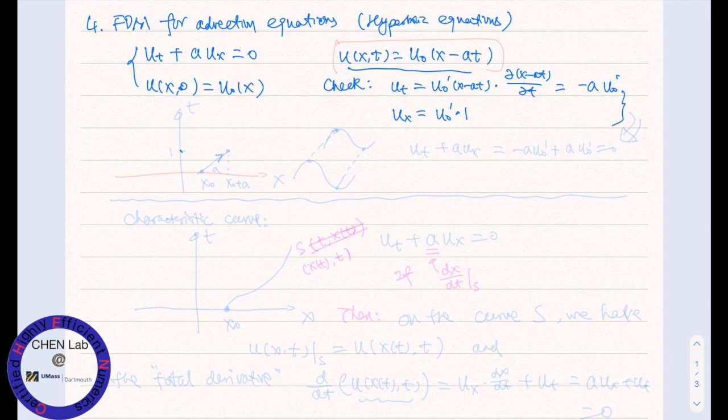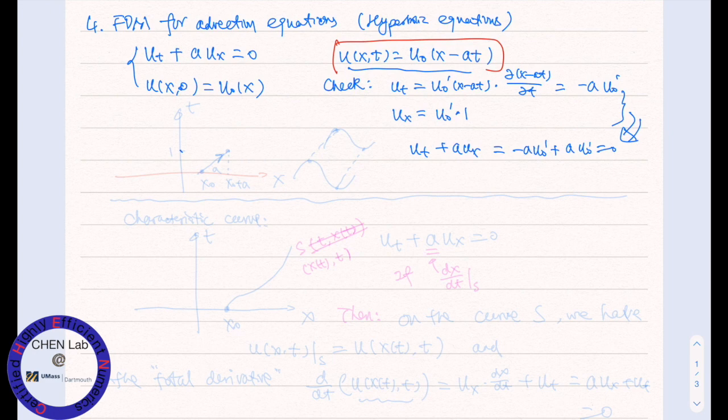So u_t + a u_x is equal to −a u_0 prime plus a u_0 prime, which is of course always 0. So this is the solution.